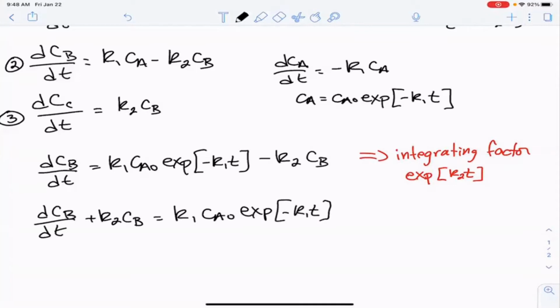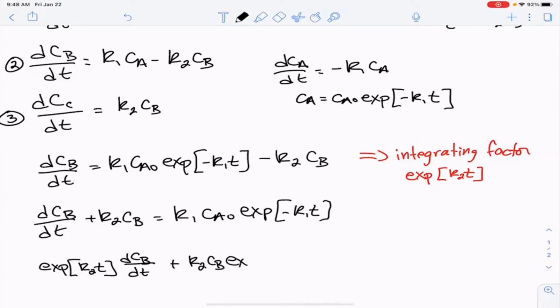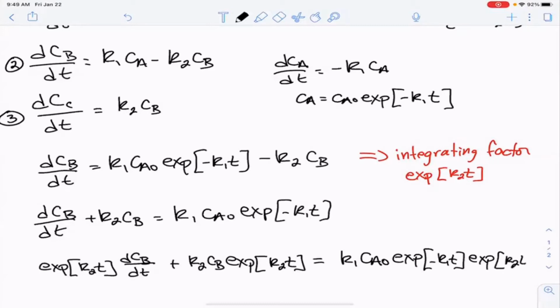Now I'll multiply all three of those terms by the exponent of k2 times t. So this becomes the exponent of k2t times dCB/dt plus k2 CB times the exponent of k2t equals k1 times CA0 times the exponent of minus k1t times the exponent of k2t.